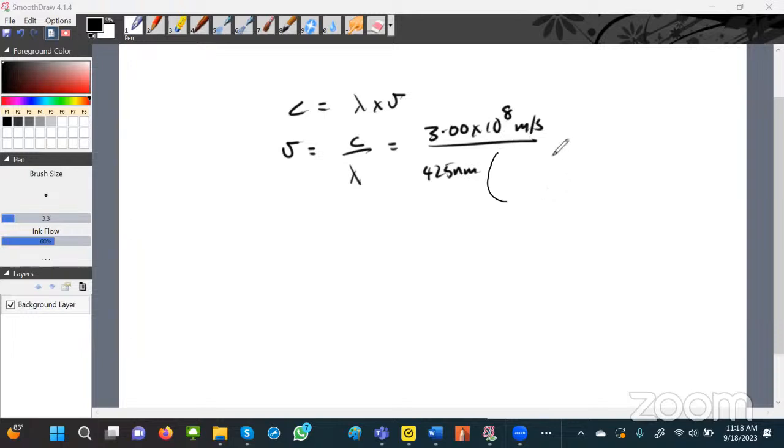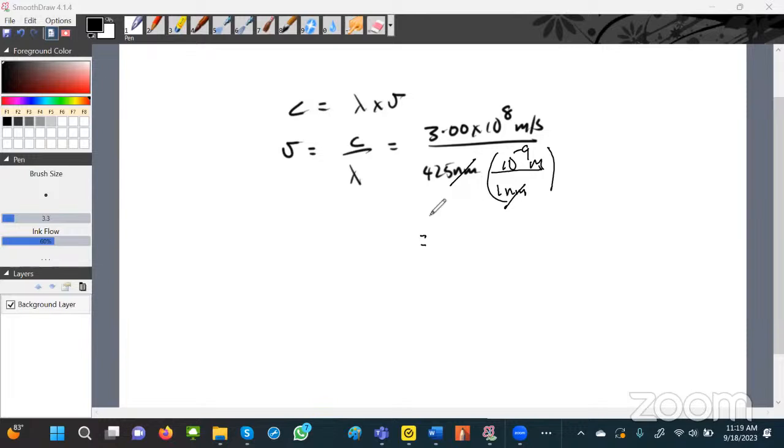So we have to convert that nanometer unit into meter unit. And we know that 1 nanometer is equal to 10 to the minus 9 meters. So this is how we have to set it up, right? This nanometer unit will cancel out with this. And therefore, all we have to do is the rest of the number crunching, and we get the answer.